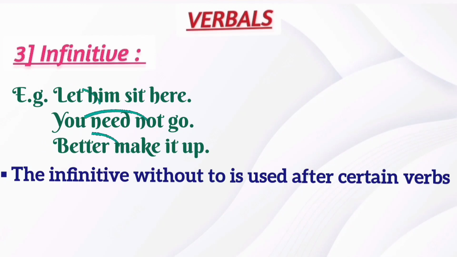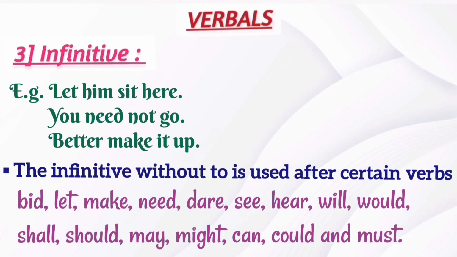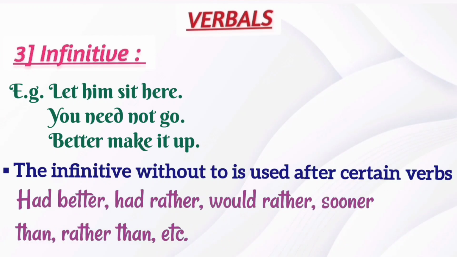So, there are certain verbs where we use the infinitive without to. They are bid, let, make, need, dare, see, hear, will, would, shall, should, may, might, can, could, and must. The infinitive without to is also used after had better, had rather, would rather, sooner than.